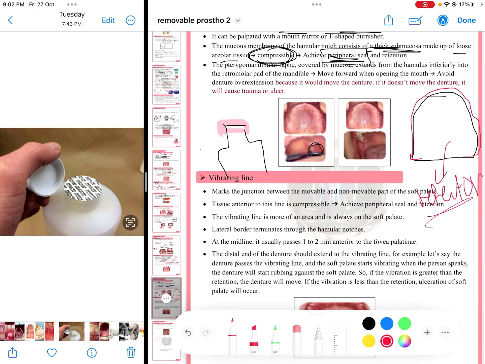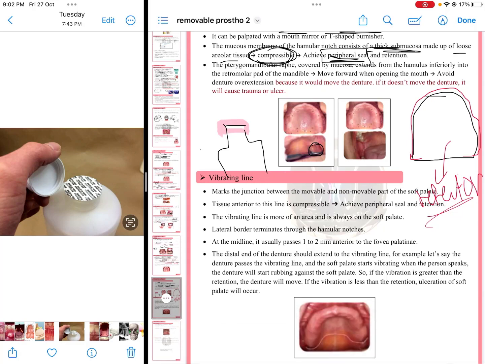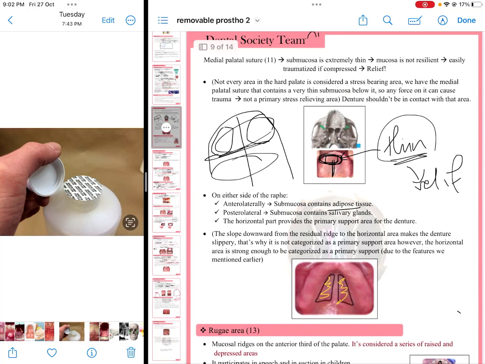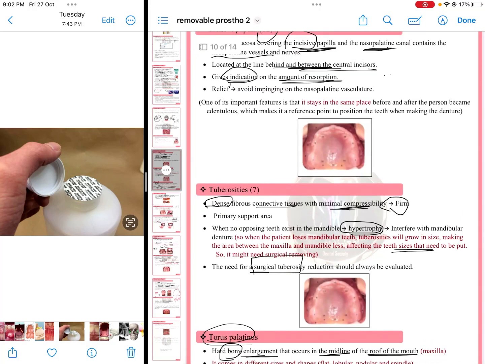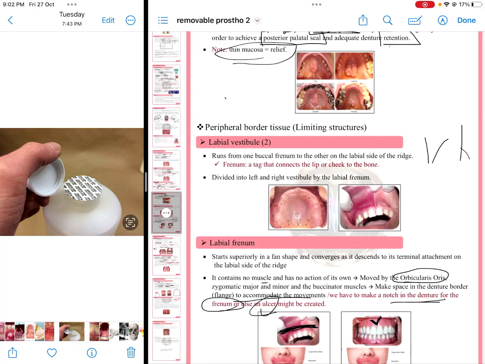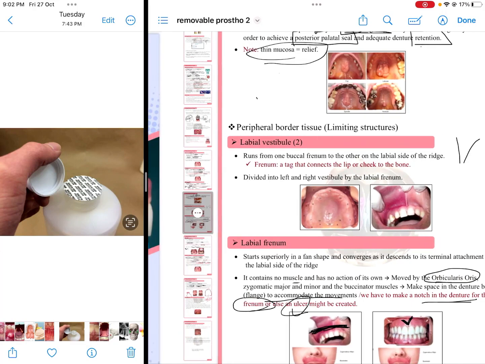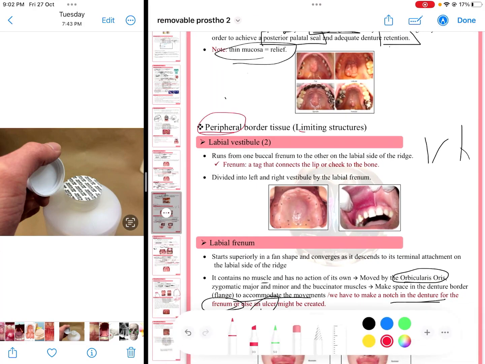So now we will use these limiting structures that we started talking about. The peripheral border of the tissue, the limiting structures, will help me get the peripheral seal. In this place I will make the notch and extend my denture here.